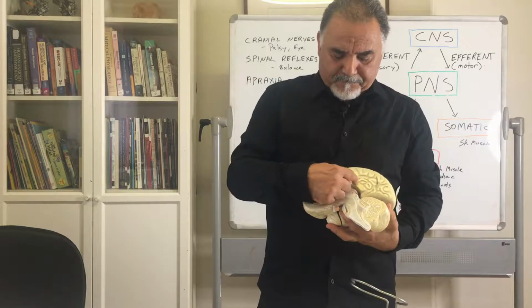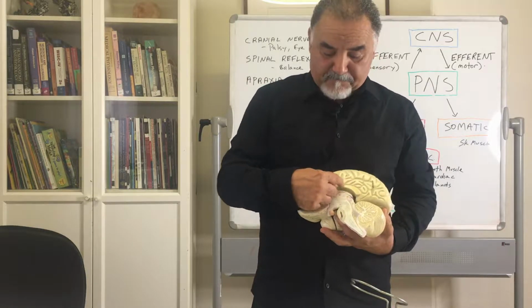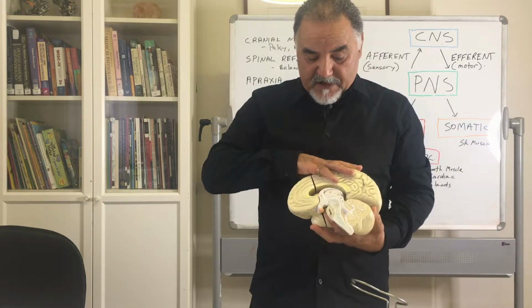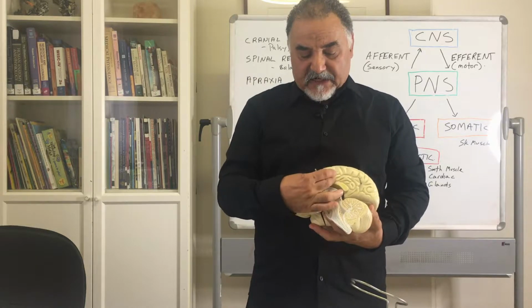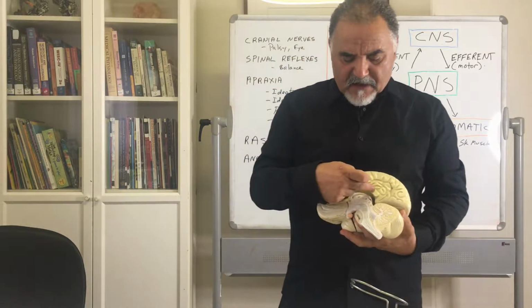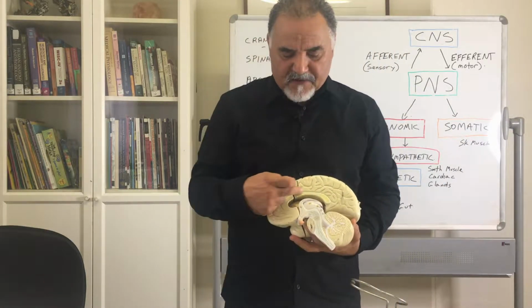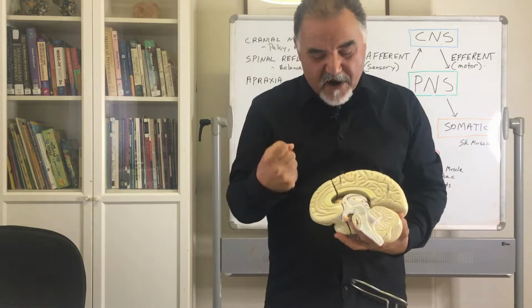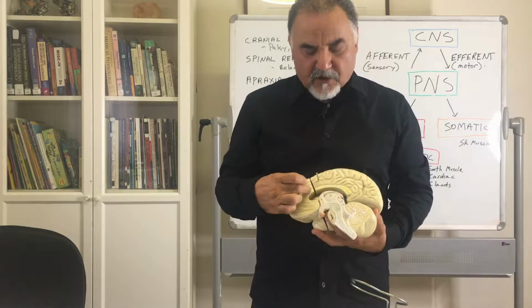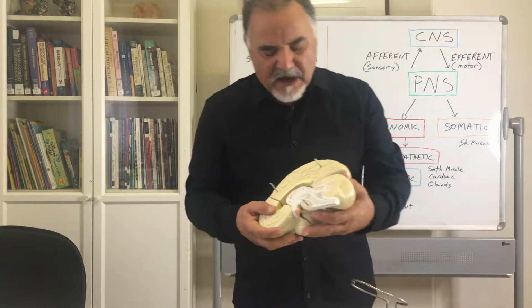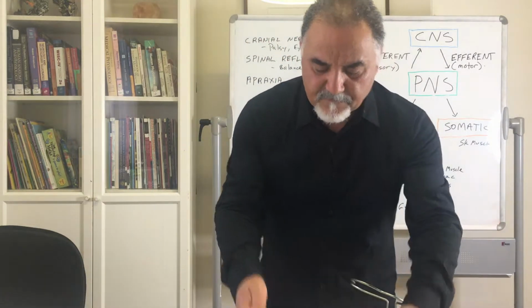At the bottom of the encephalized brain, if you like, sitting at the top of the brainstem, is this structure here, which is quite visible. It's quite thick, very, very dense and fibrous, and that's called the corpus callosum. And the corpus callosum are fibers.